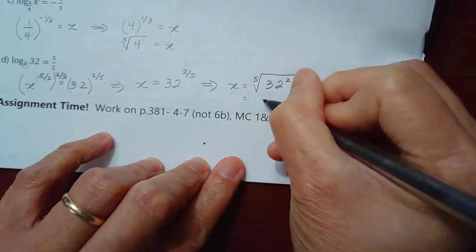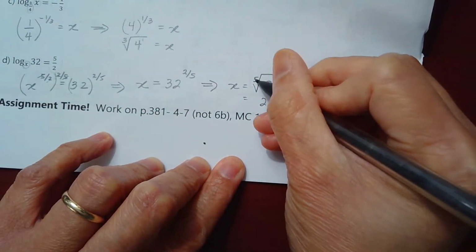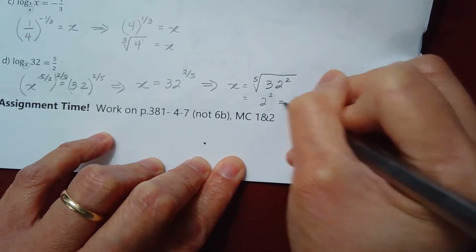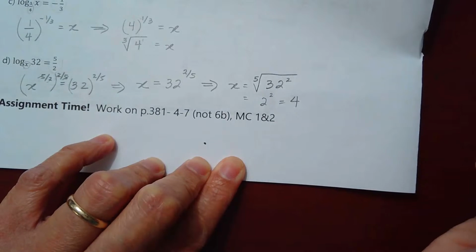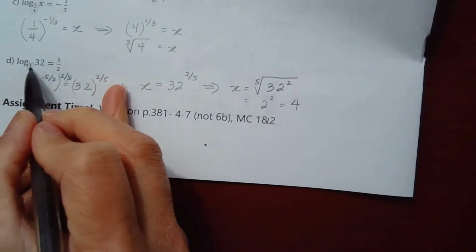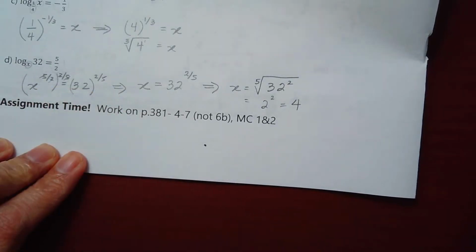So that's going to be 2. Fifth root of 32 is 2. And then 2 squared is equal to 4. So the answer is 4. So here, the base is 4.